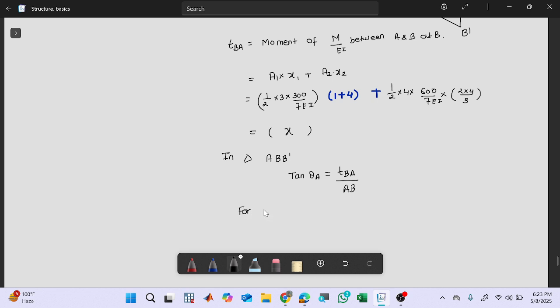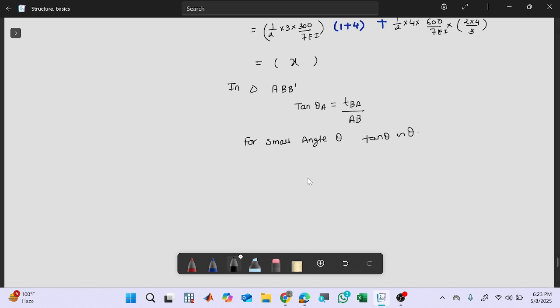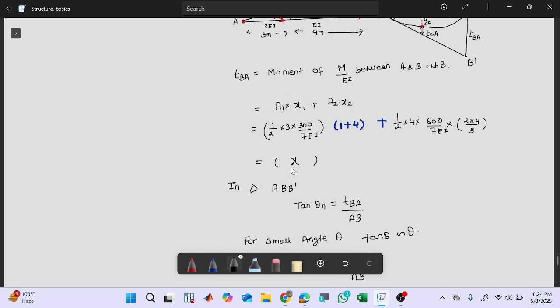So for a small angle theta, tan theta is nearly equal to theta. So it should give me theta A equals TBA by this AB. Now I know TBA. What is the TBA? It is X here.